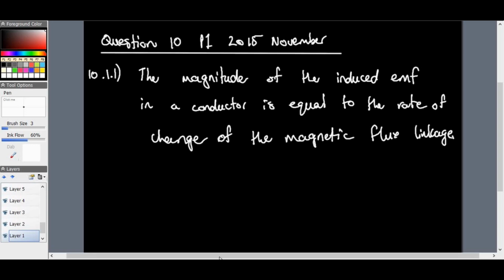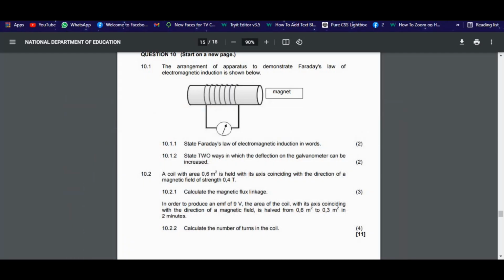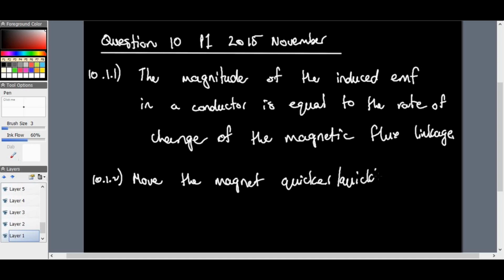The next question, let's go check it out, was state two ways in which the deflection of a galvanometer can be increased. Well, one that's very obvious for me to remember was to move the magnet quickly or quicker inside the coil.